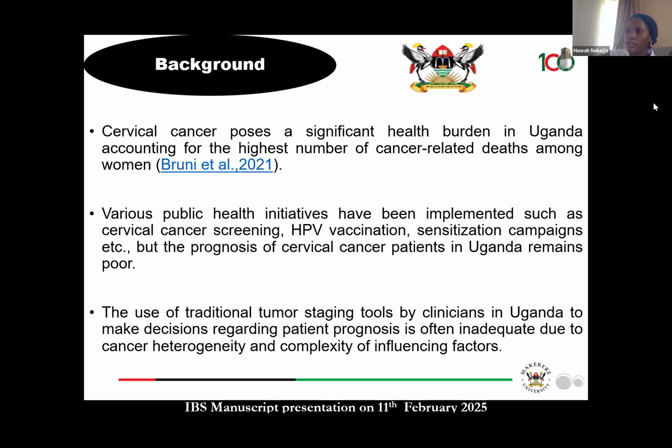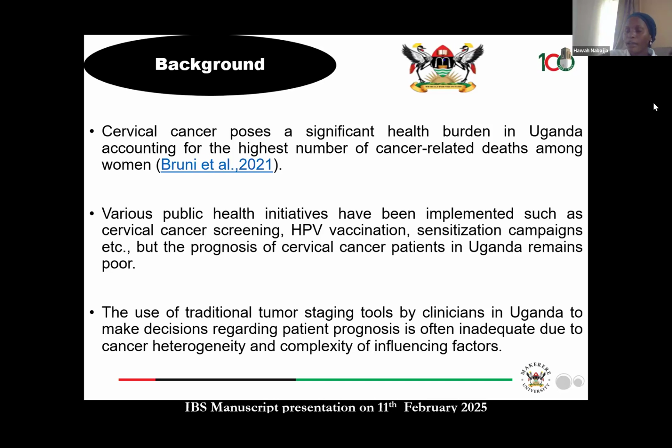The clinicians in Uganda tend to use what they call tumor staging systems. These systems are composed of laboratory variables, which are barely understood by the patients or the caregivers. So most of the patients end up missing out on their prognosis.